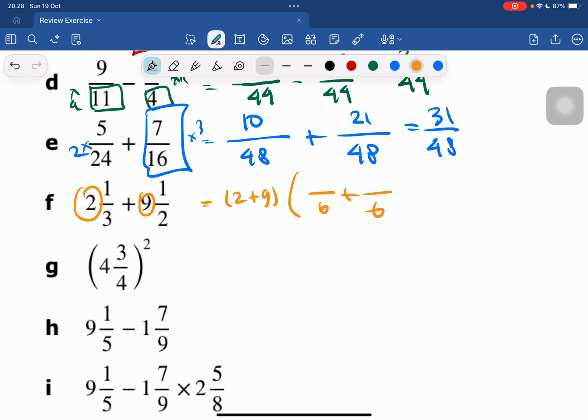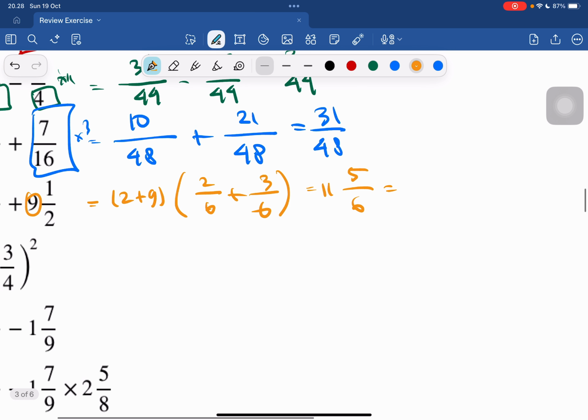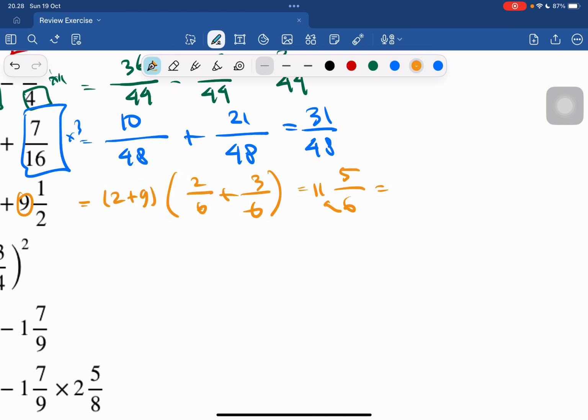So 3 multiplied by 2, so this is 11, and then 5 over 6. Or we can make it improper: 6 times 11 and then plus 5. 66 plus 5 is 71 over 6.